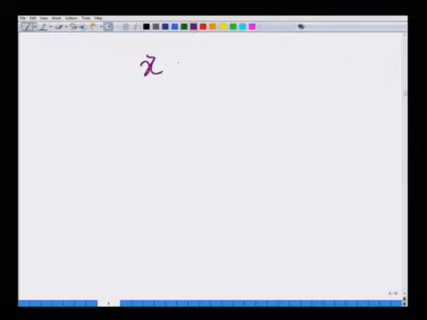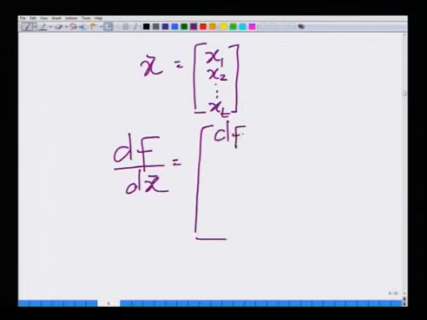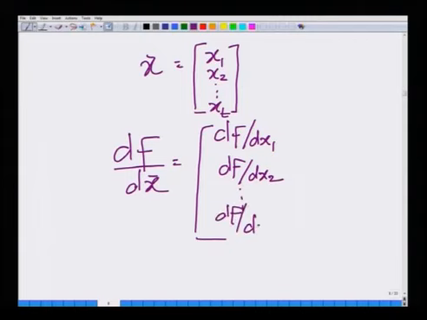Let us say we have a column vector x bar equals x1, x2 up to xt. Then the vector differentiation of df by dx bar is nothing but simply the vector df by dx1, df by dx2, so on, df by dxt.